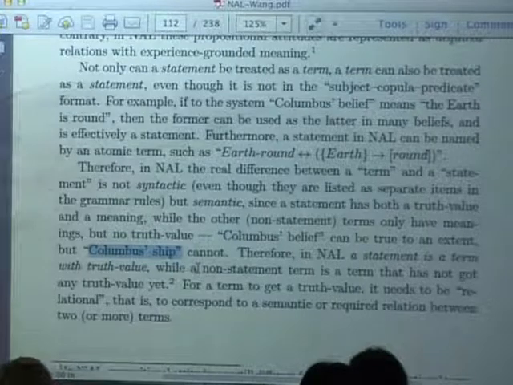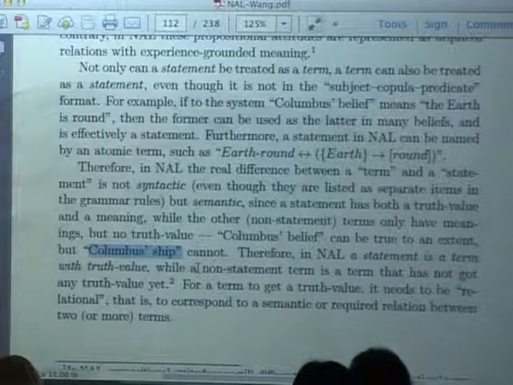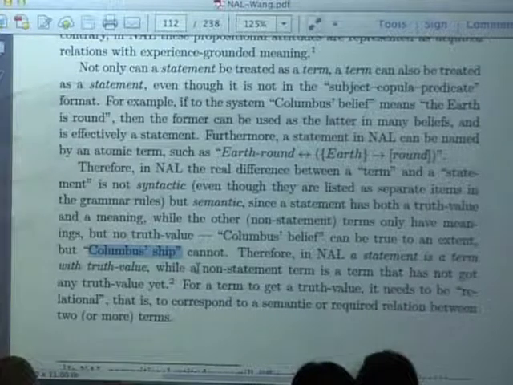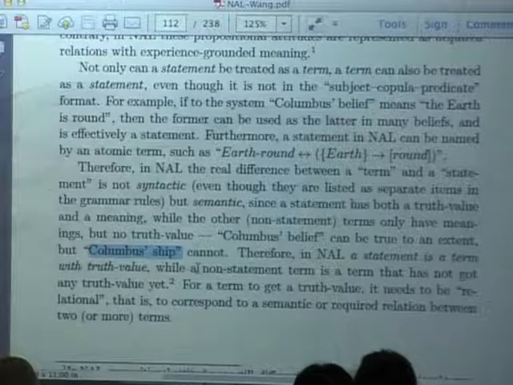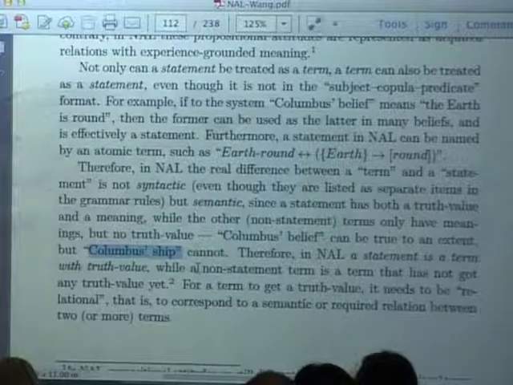You can talk about whether it's true or false or to what degree it's true. On the other hand, for a normal term, if it's not a statement, it doesn't make sense to talk about whether it's true or false. So for example, this thing, you cannot talk about whether it's true or not. But for the statement saying this is white or this is black, you can talk about the truth.